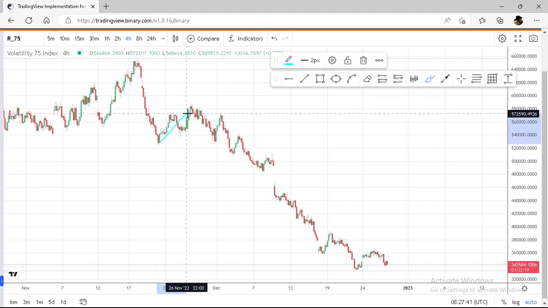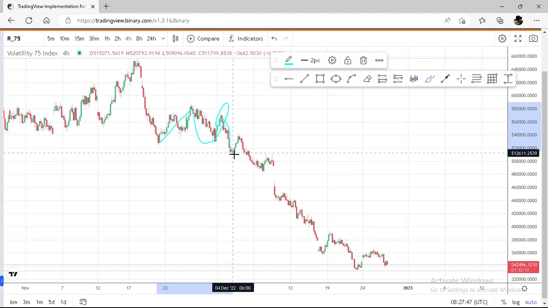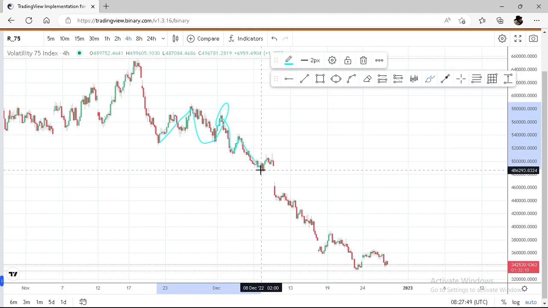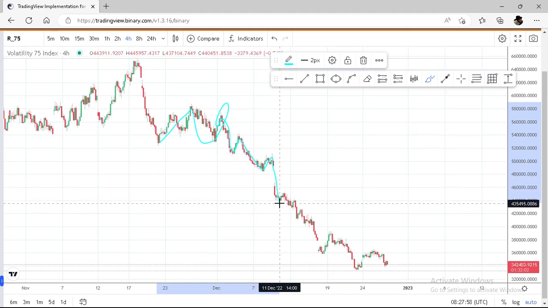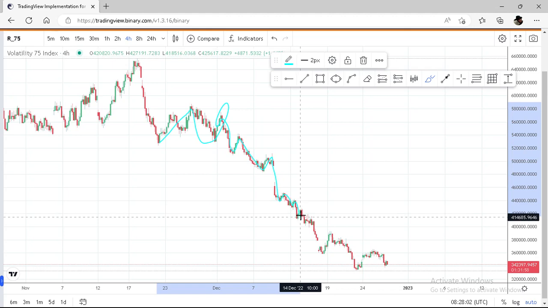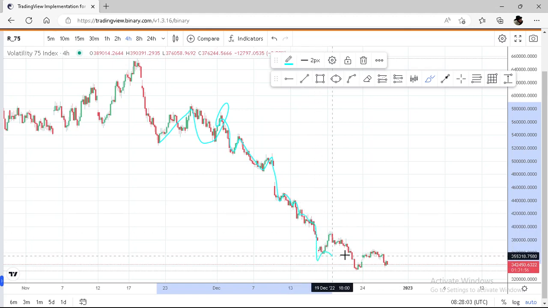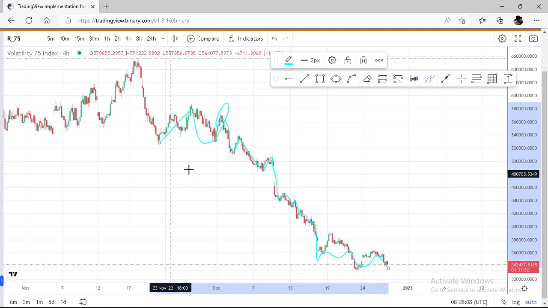We have a lower low and a lower high, a lower low and a lower high, and so on. That's how you see that the market is in a bearish structure.